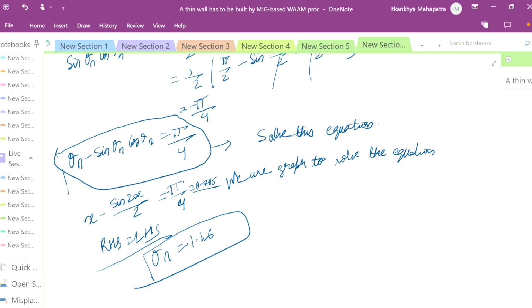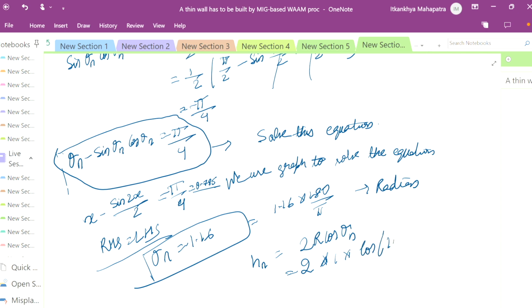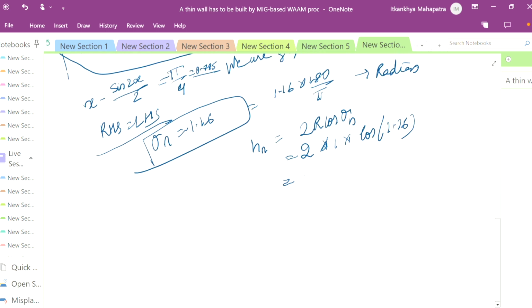Now if we convert it, it is 1.16 into 180 by pi. Now Hn is equal to 2r cos theta n. This will be 2 into r, which is 1, into cos 1.16, which is 0.79 mm.